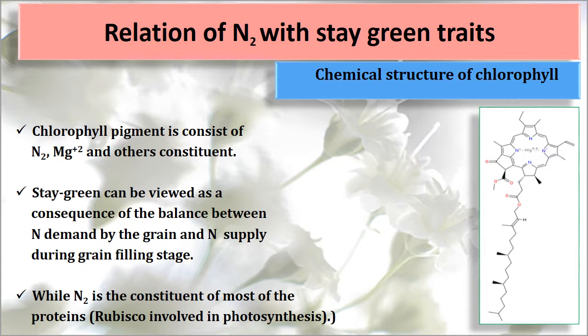The chlorophyll pigment consists of nitrogen, magnesium and other constituents. Stay-green can be viewed as a consequence of the balance between nitrogen demand by the grain and nitrogen supply during the grain filling stage. Nitrogen is also a constituent of most proteins, because it is involved in rubisco, and rubisco is involved in photosynthesis.